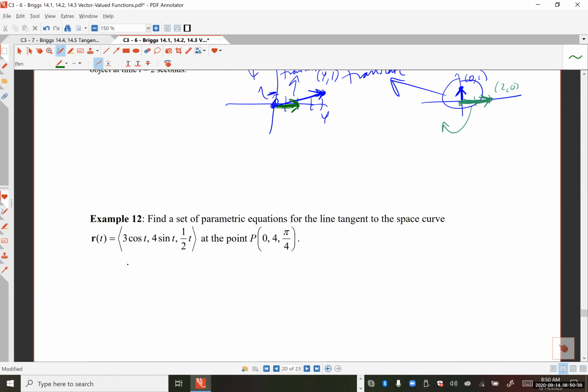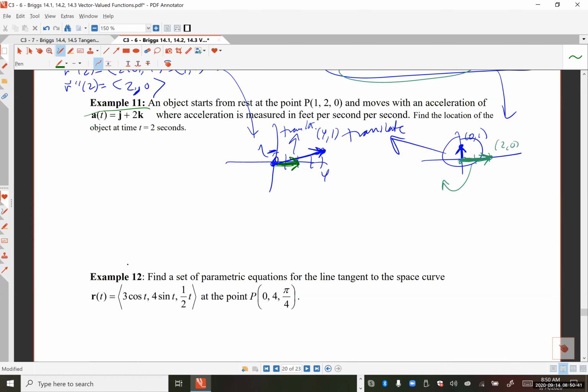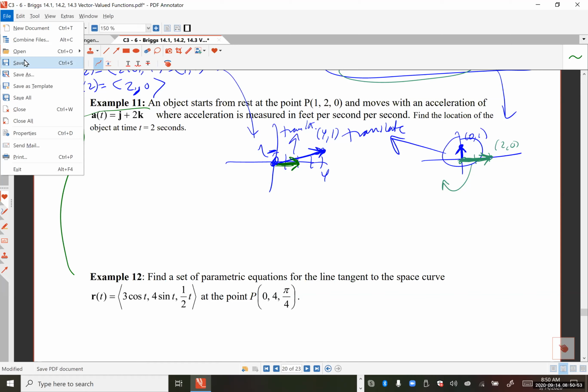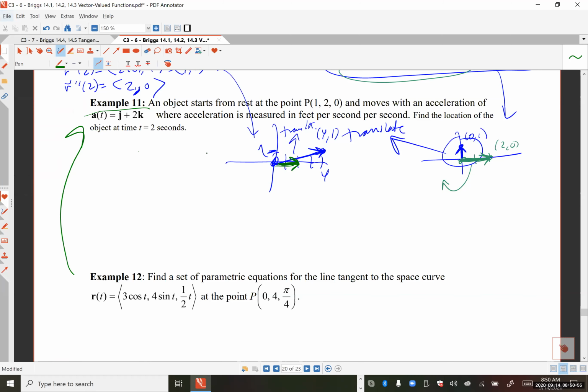Example 12 is example 11 for me. I think you have these switched, and I think I've got the wrong PDF here, because I changed things over the summer, which is kind of interesting. So I think it's our example 13. Example 13 is example 11. Yeah, these are out of order, in other words, right?